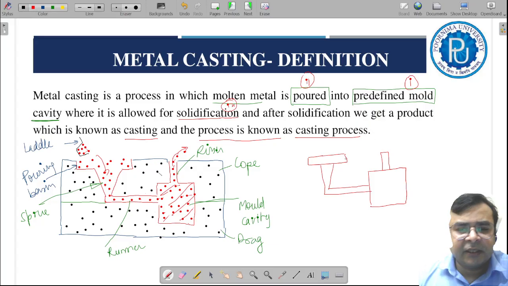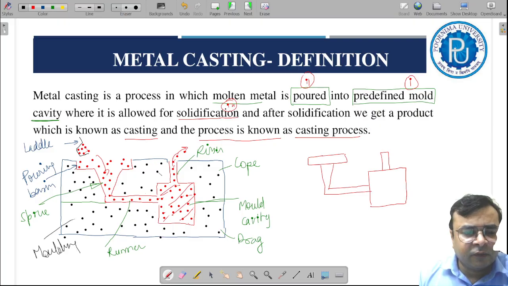So everywhere we get solid metal, and once it is solidified, you just break this molding sand and remove this solidified part from the molding sand. Is it right?